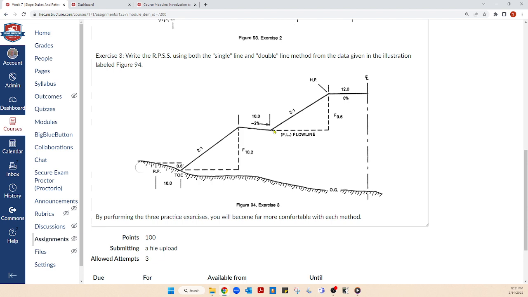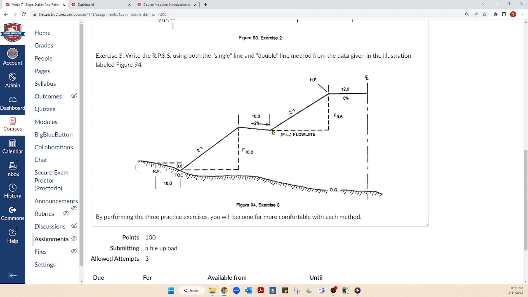So to check yourselves, you can do this, and then you would be calculating this one. We'd start from the beginning. Whatever your elevation is, you've got to get to here.